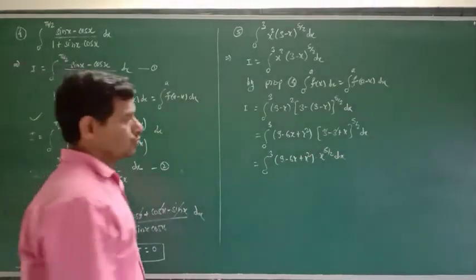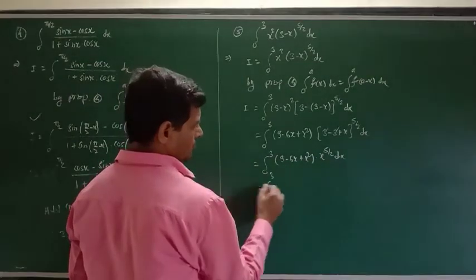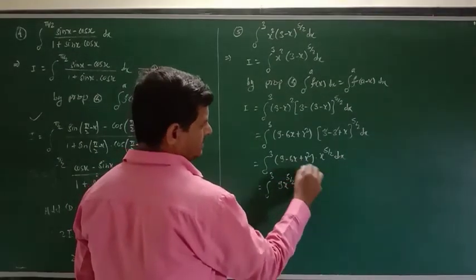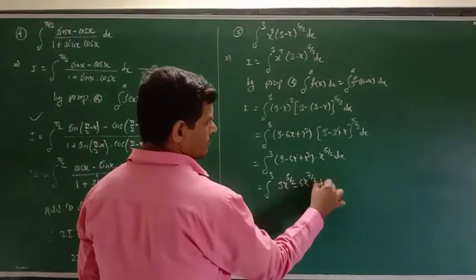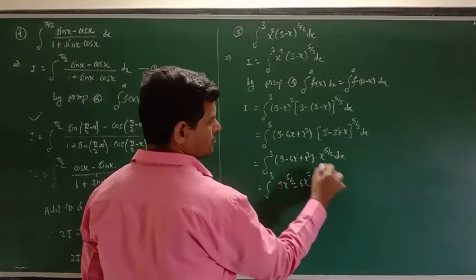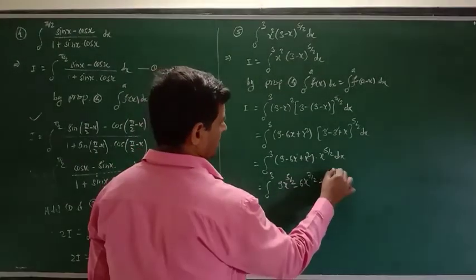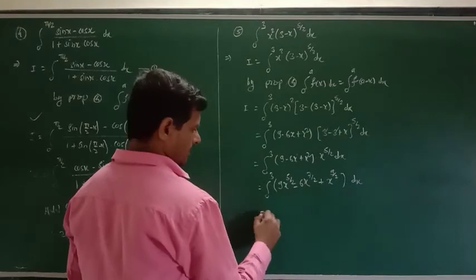Okay. So I multiply x raised to 5 by 2 on the inner terms. 0 to 3, 9 x raised to 5 by 2 minus 6 x raised to 1 plus 5 by 2, so it is 7 by 2, plus x raised to 2 plus 5 by 2, 9 by 2, and whole integration dx. Okay.